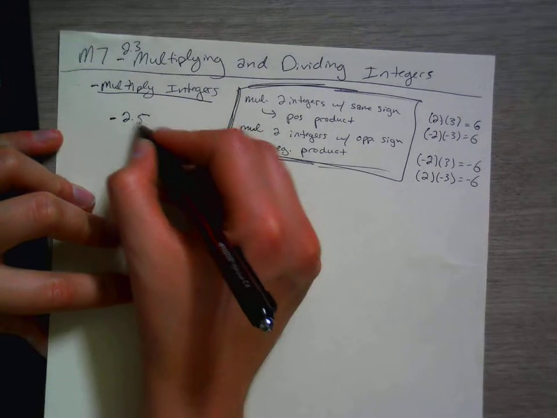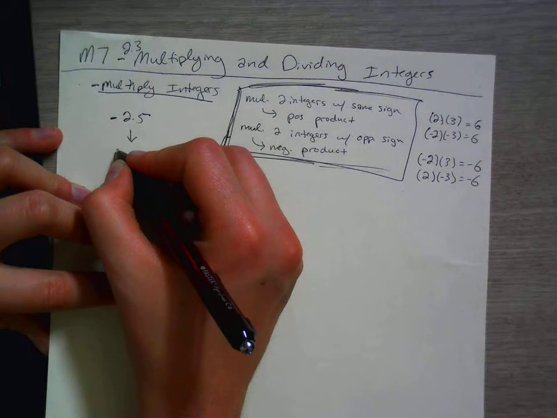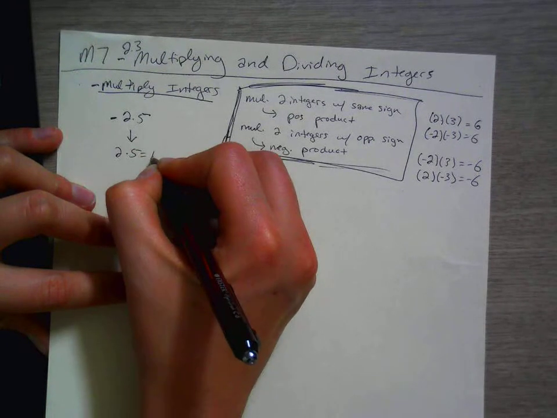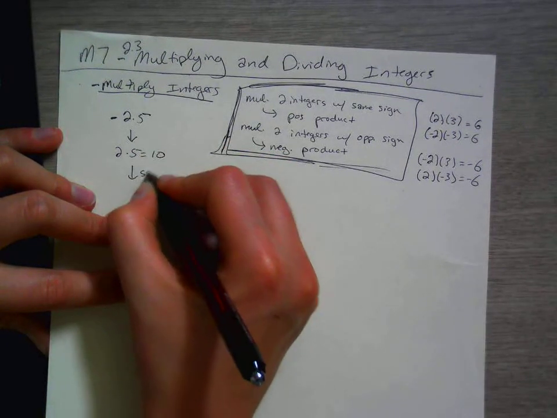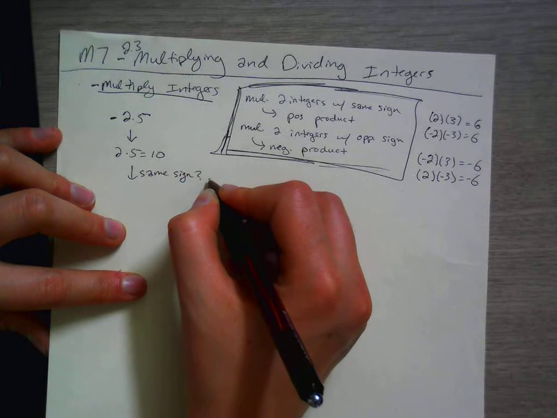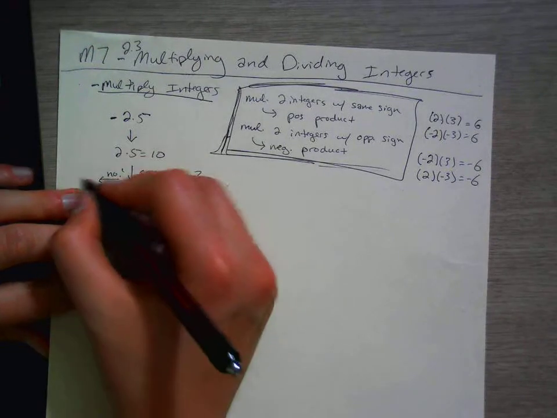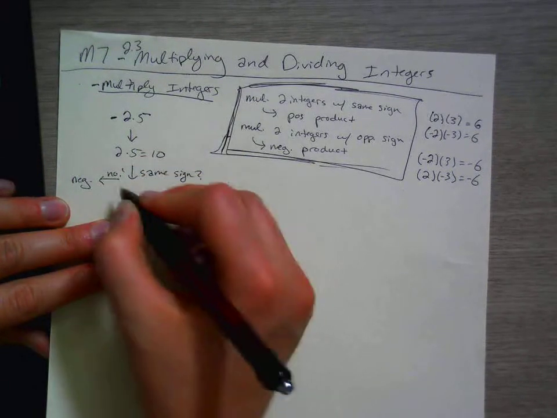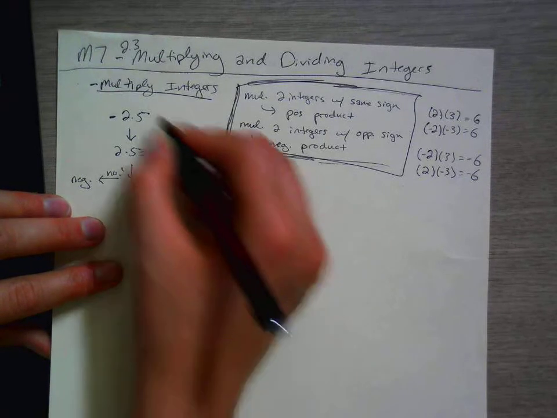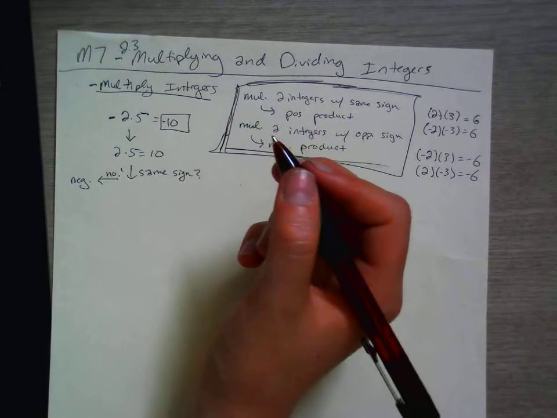Let's multiply these without the sign, so it becomes 2 times 5, which is 10. Now, same sign? No. So the product is negative, which means that it is negative 10. Just like this.